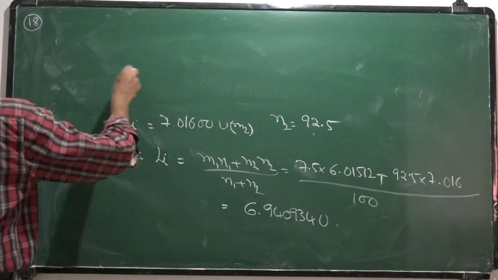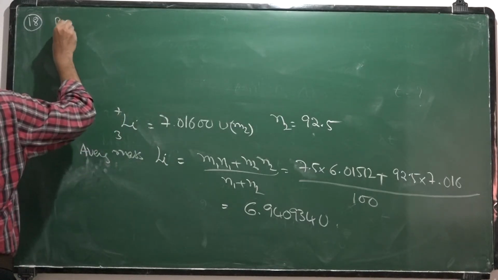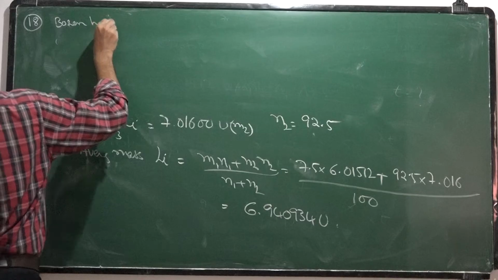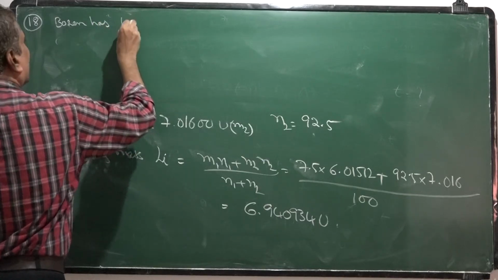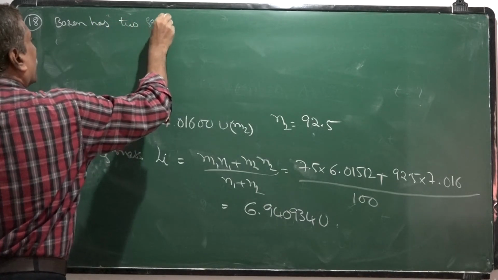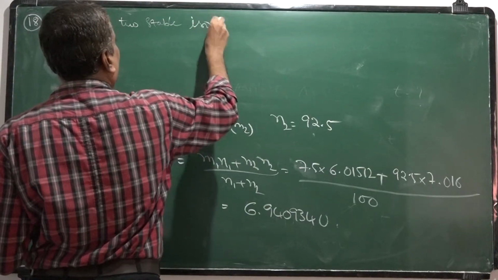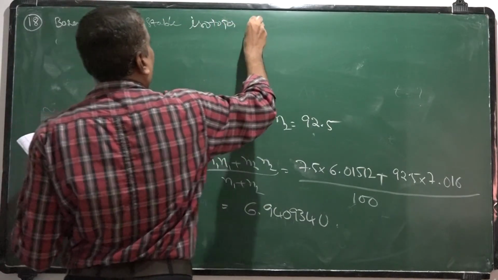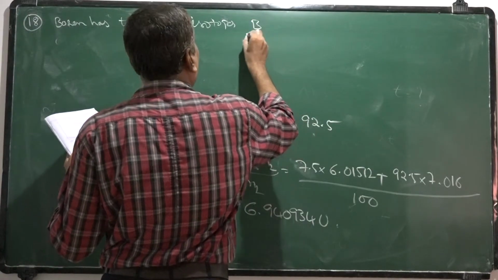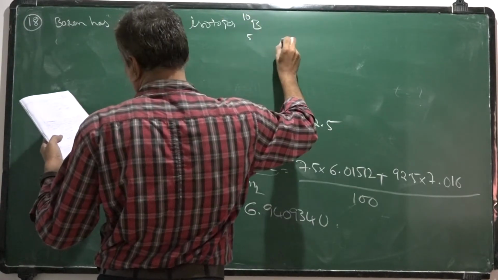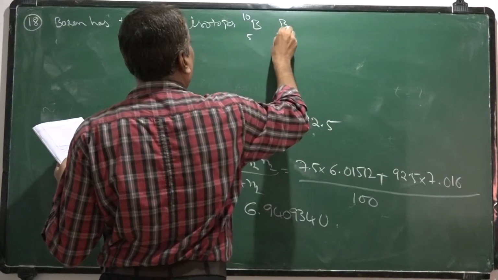This is a similar one only. Boron has two stable isotopes, B-10 and B-11.